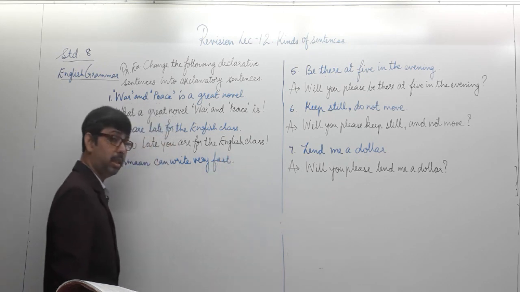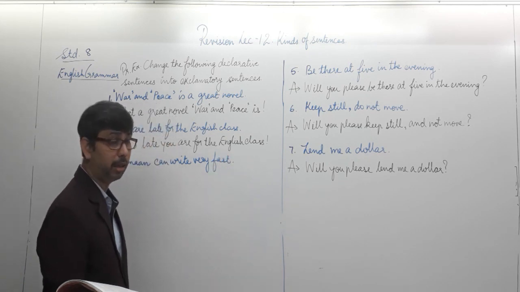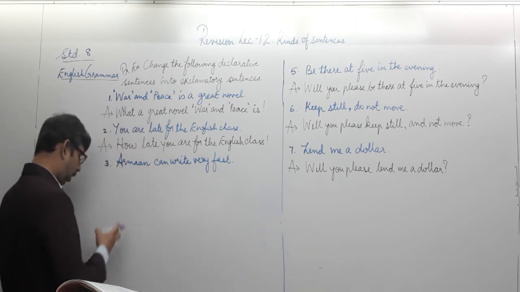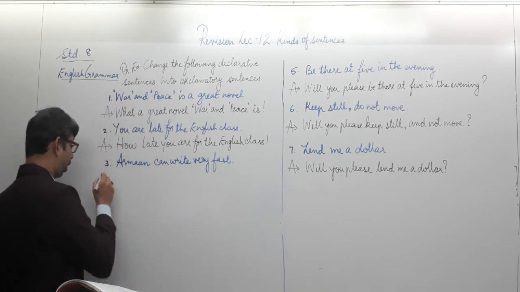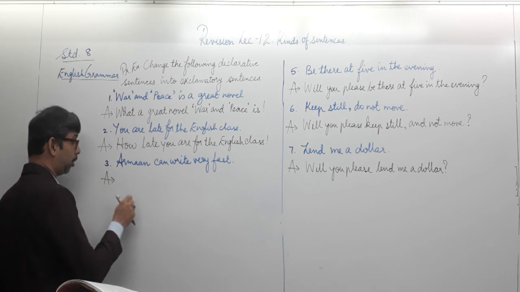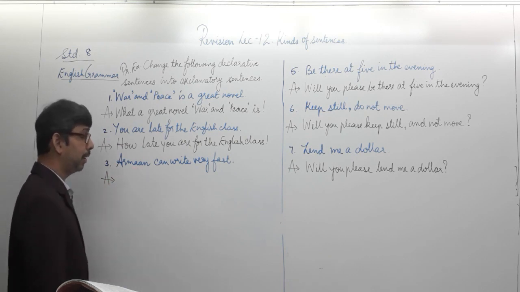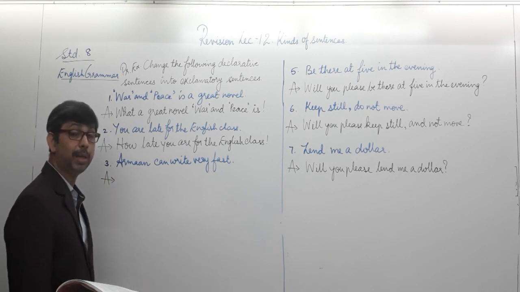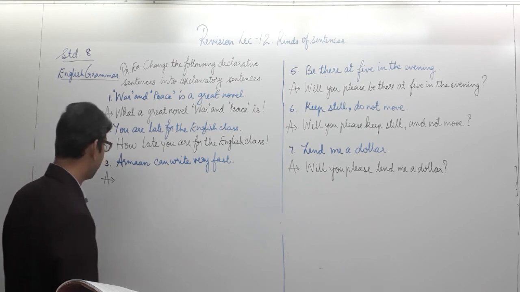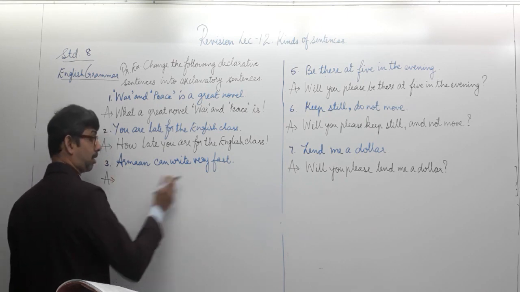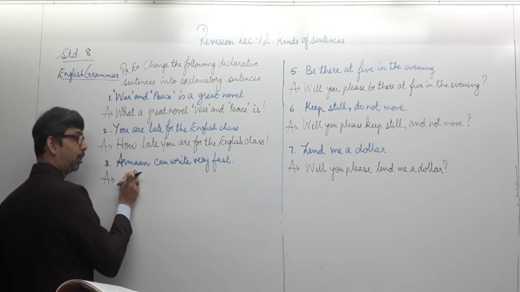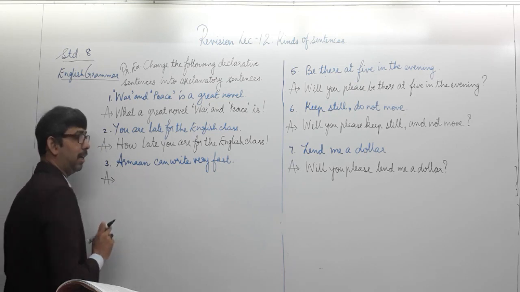We are just saying that Arman is a boy and he can write very fast. So what are we focusing on? We are focusing on Arman's ability to write very fast, and that needs to be expressed in a strong feeling. So, how fast? Fast writing is done by Arman. How fast Arman can write?